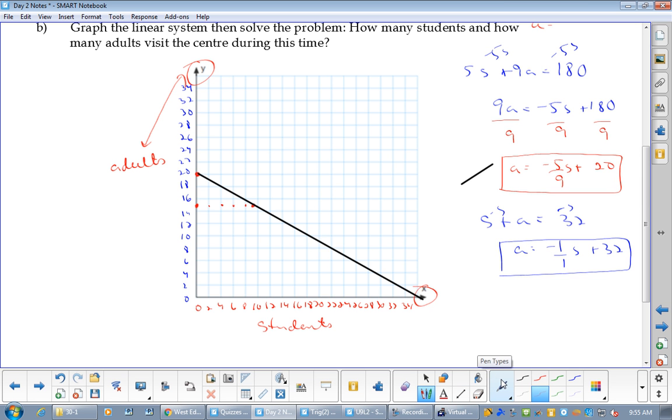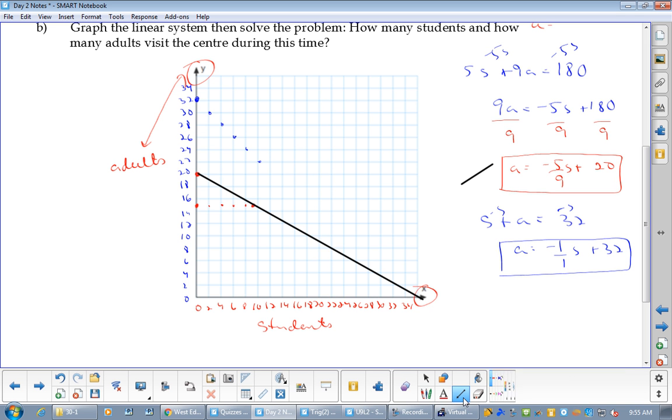Okay, now the other one has a y-intercept of 32. And I'm going to go down 1, right 1, down 1, right 1, down 1, right 1, down 1, right 1. Okay, so you can see that pattern quite easily.